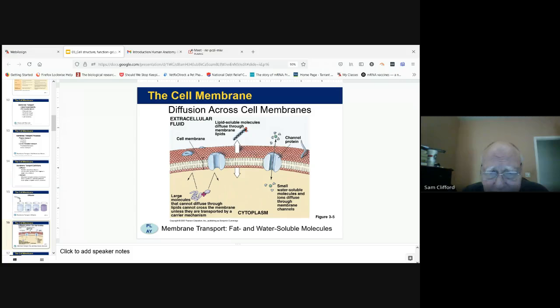Large molecules that can't go through the membrane have to be carried in through a channel or allowed to move through a channel. Small water soluble substances too. So the whole purpose of this lipid bilayer and these protein channels is to control what goes in and what goes out, and that depends upon the lipid solubility of a molecule, its size, its charge, and whether it's water soluble or lipid soluble.